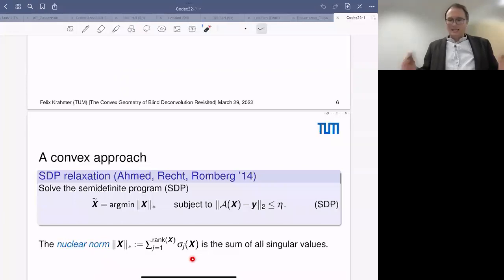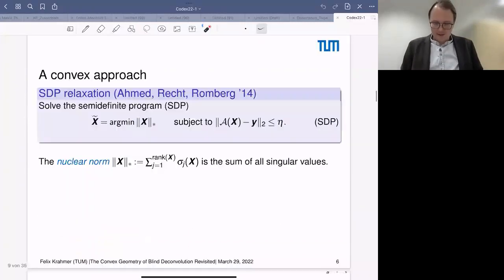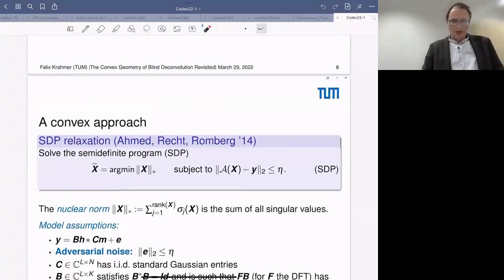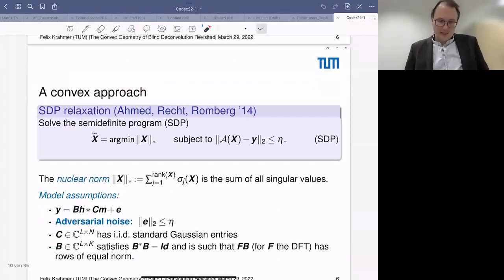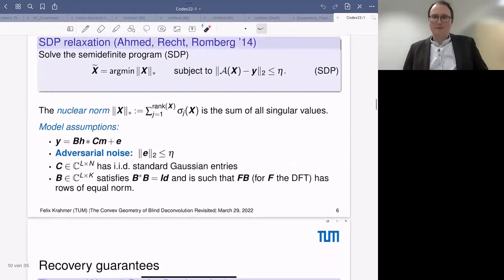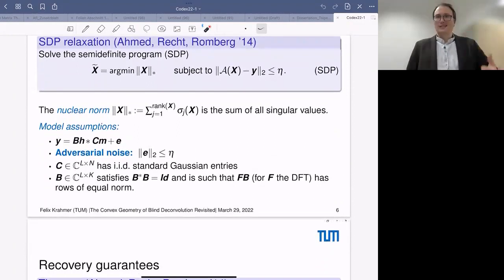And so this is exactly just the L1 norm of this very vector of the singular values. Okay, so this is what has been proposed by Ahmed, Recht, and Romberg. And now, of course, we have only stated things in general terms. And I have to say, I already said we need to make certain additional assumptions.